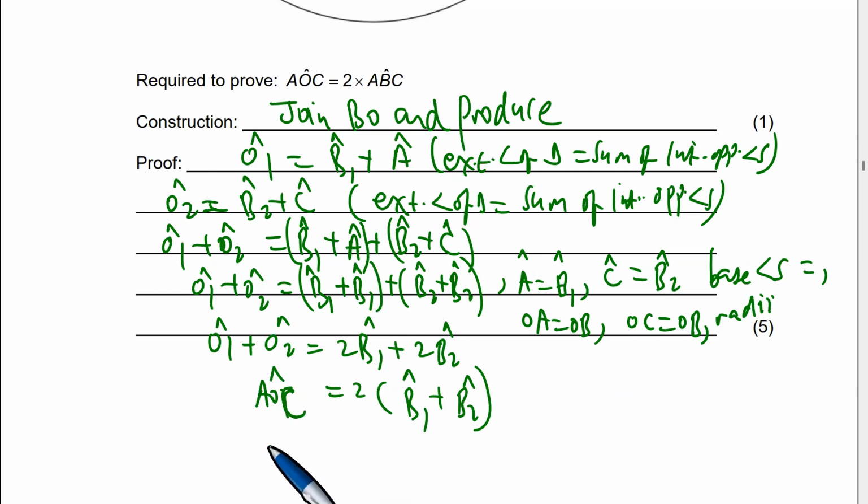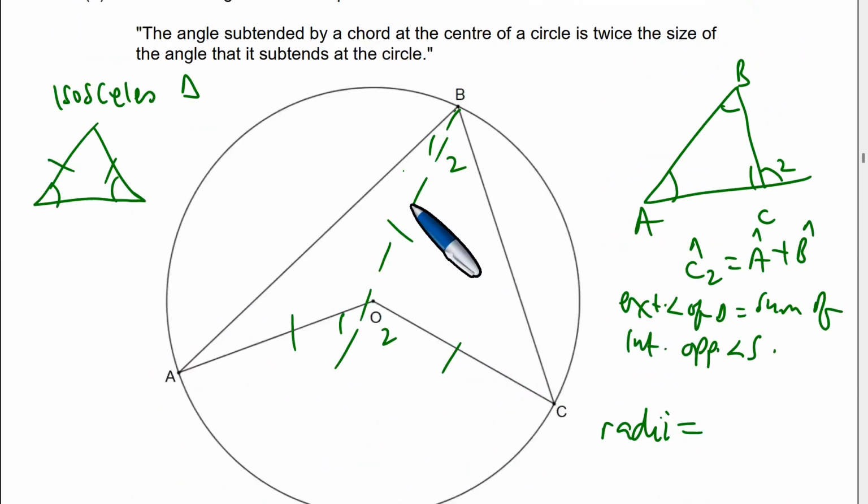So AOC is 2 times B1 plus B2, and B1 plus B2 is ABC.